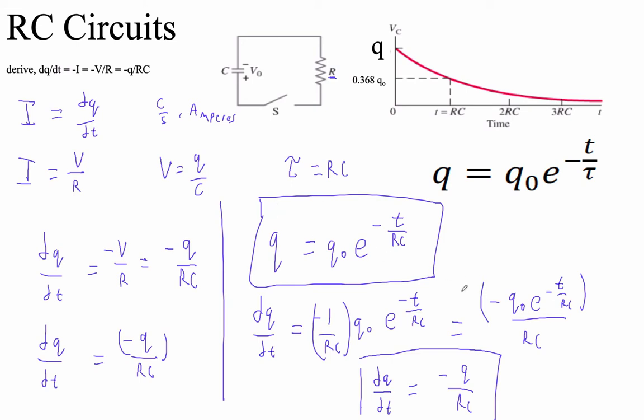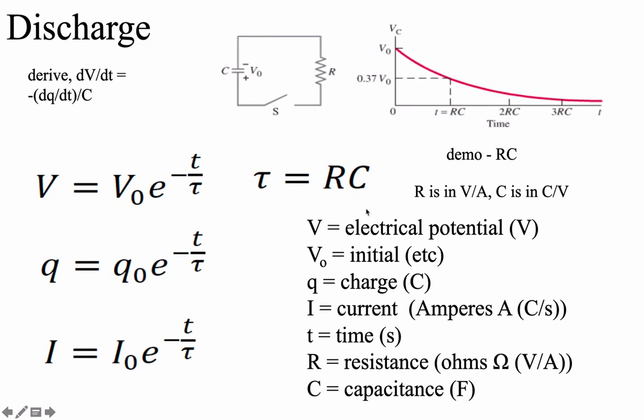So let's look at the formulas that we've got, and these are for discharging the capacitor. Charging is slightly different, but for discharging it, this is the one we derived, but all I have to do is just divide both sides by C, and I've got this guy, right? Okay, and then all I have to do is divide this by R. You don't know this yet, but I is V over R, right?